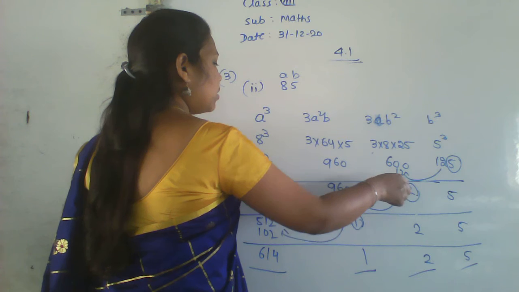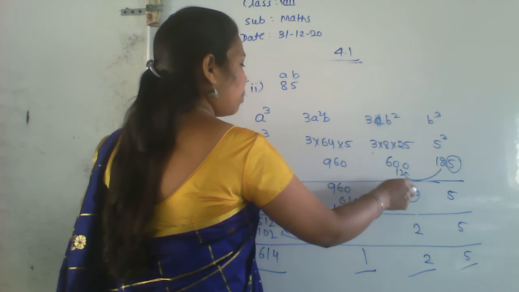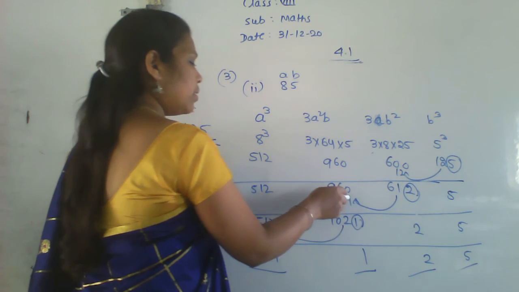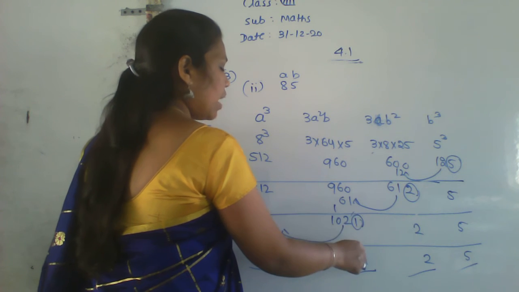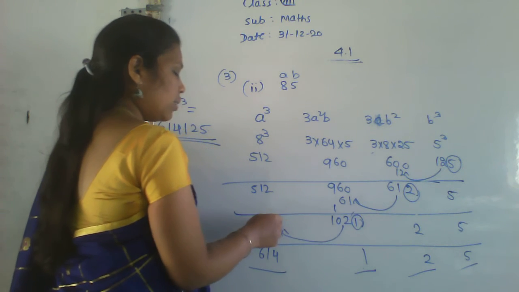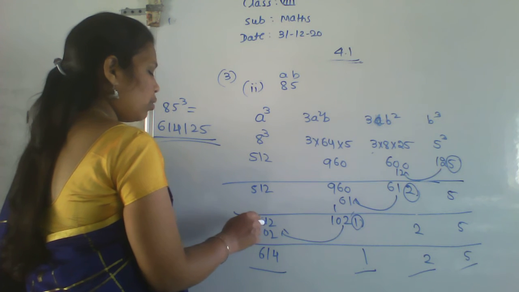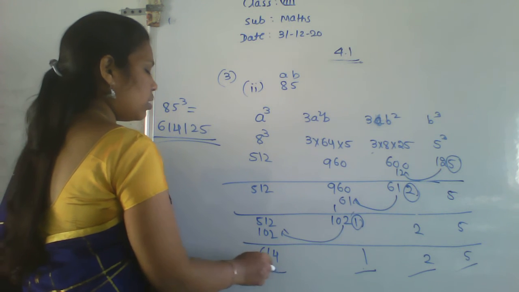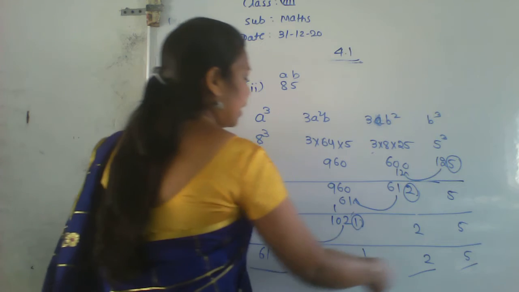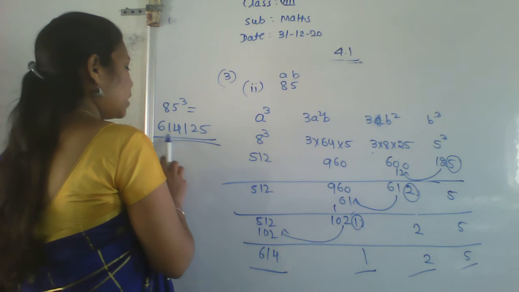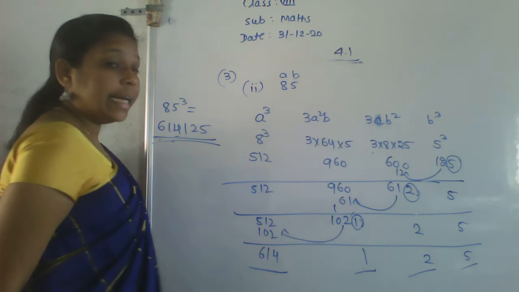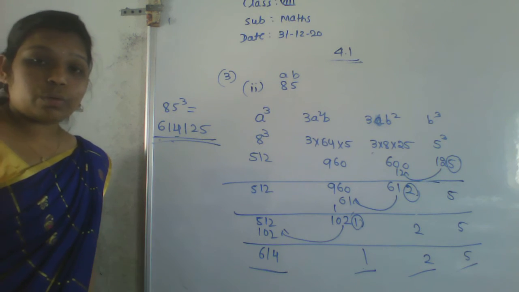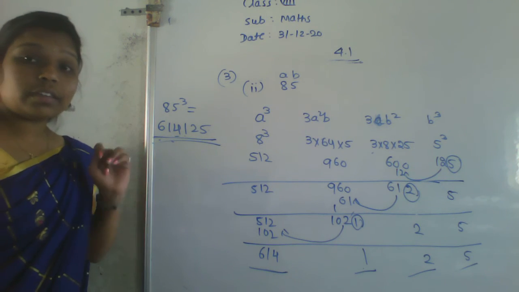It will become 61. In the next step take 2 here and take 61 and add. You will get 1021. Again take 1 and 1 or 2 this side and add. It is 2 plus 2, 4, 1, 5 plus 1 is 6. So at the end write all the numbers together, that is 614125. This is the cube of 85. Like this we have to find the cube of the given number.